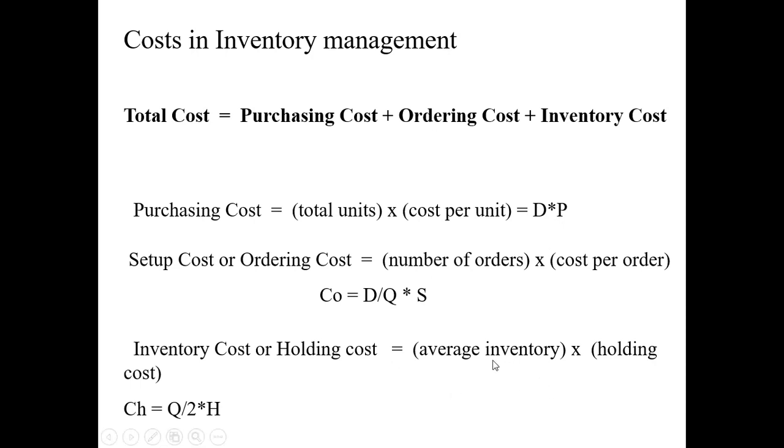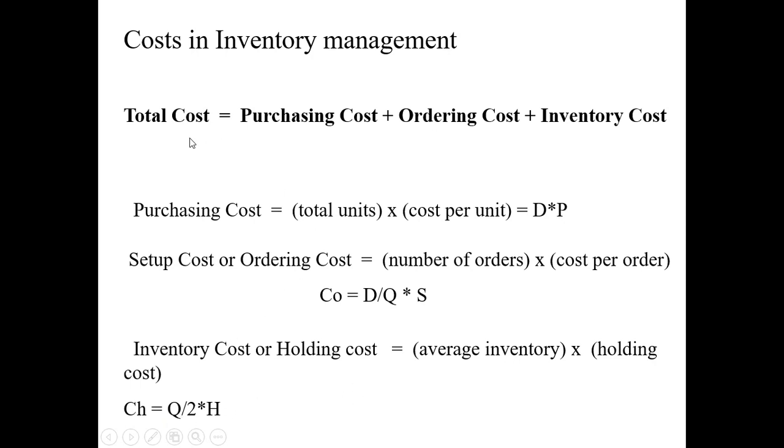So in such cases we consider the average inventory, taking the highest stock amount and the minimum amount. The minimum amount is 0, the highest is Q, so (0 plus Q) divided by 2 is the average, multiplied by H. So the equation for the inventory cost or the holding cost, CH, is equal to Q by 2 into H.